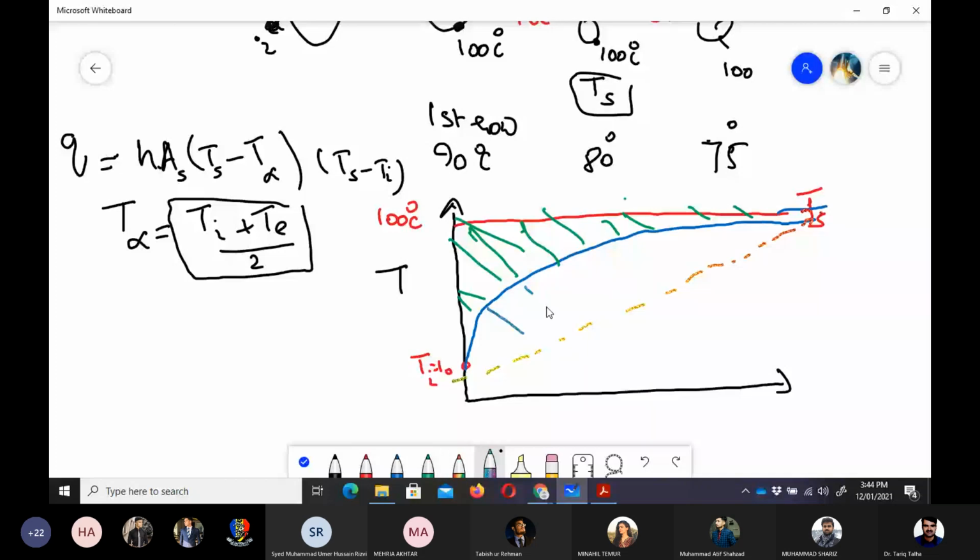When we consider this additional area, whatever Q value we get by using this T infinity or T mean formula would give us a very high value of heat transfer, which is not practically happening, because in the actual case the majority of the heat transfer happens in the first few rows due to the exponential increase of this temperature.